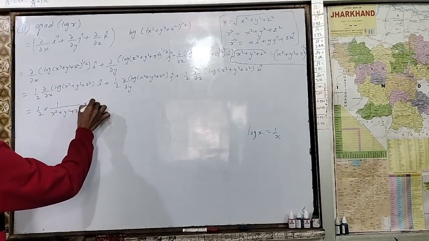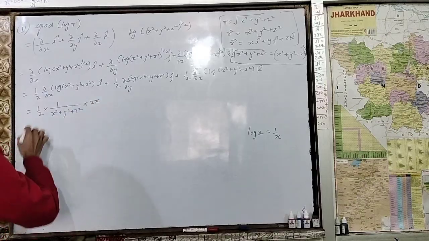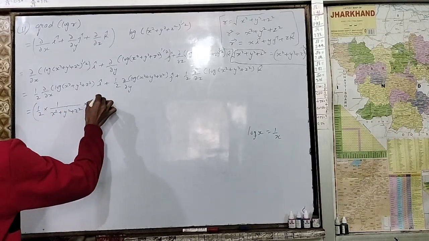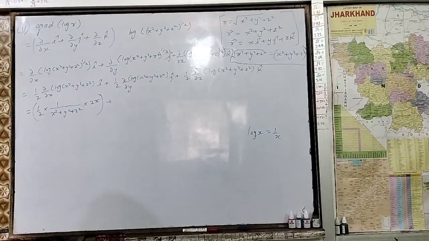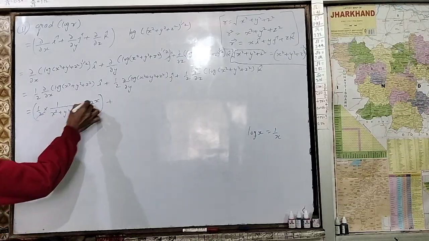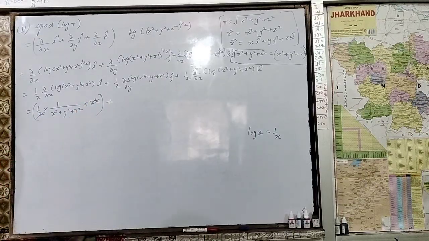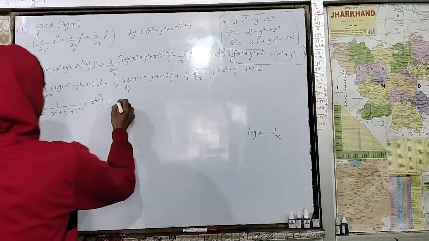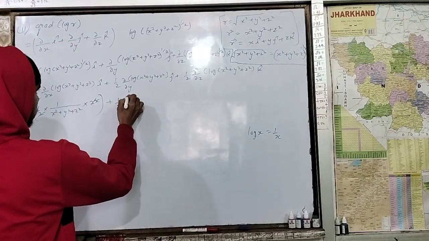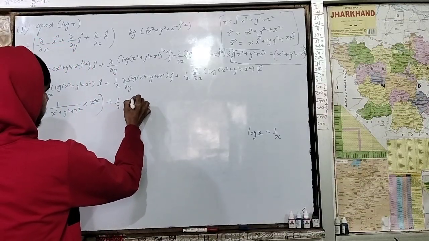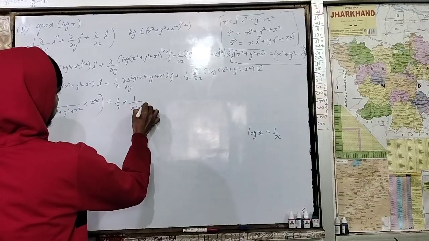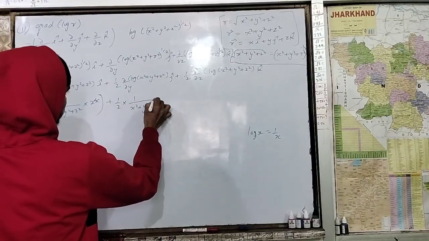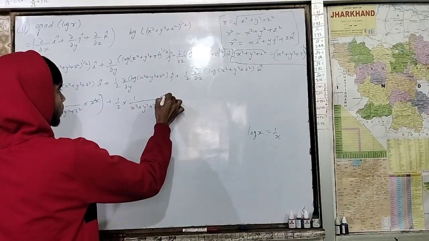Then 2x. Okay, no problem. This 2 will cut to each other. Am I correct? Same over here. 1 by 2 multiply 1 upon x square plus y square plus z square multiply 2y.